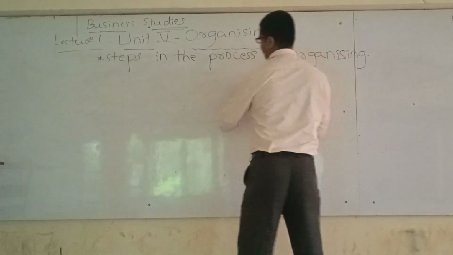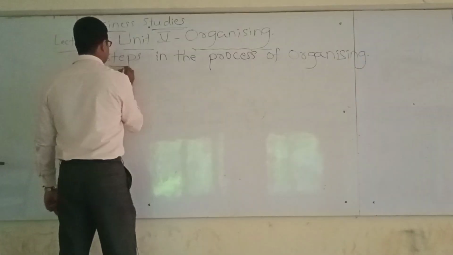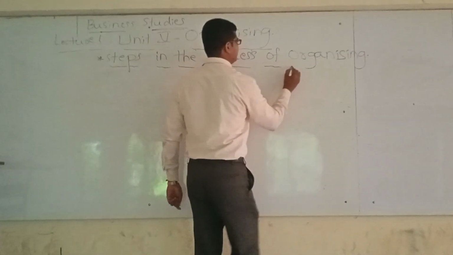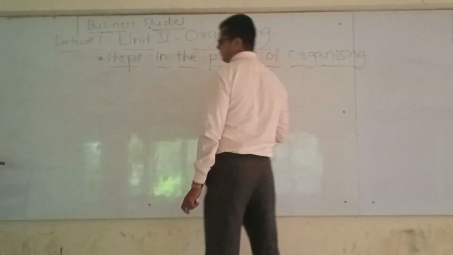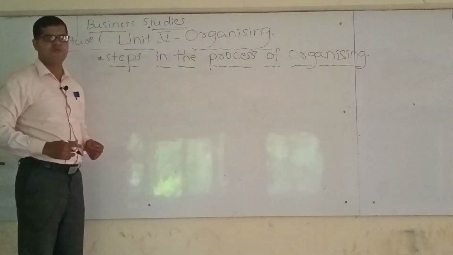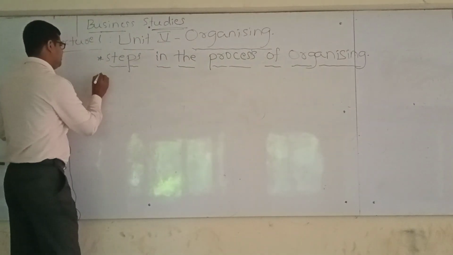As it is the process and also one of the functions of management, they have certain steps. It's not like all of a sudden we can think of organizing. Okay, so we take one by one.